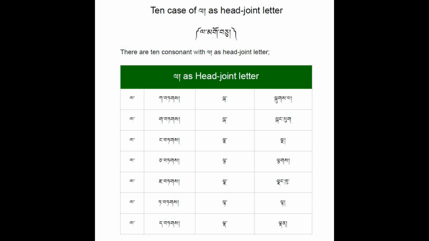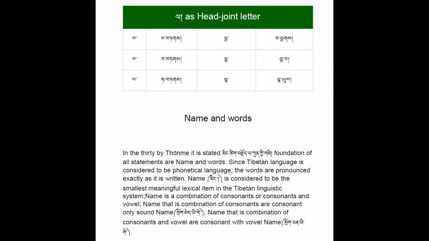La-ha, lha yul. Lha means the celestial beings, the devas, and yul is the realm. So it is the realm of the celestial beings. These are the 10 cases where we have la as the head-joined letter.